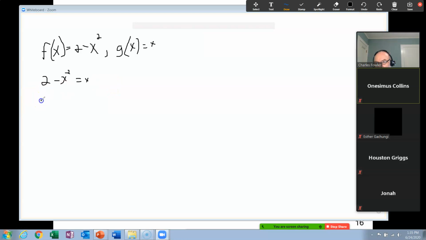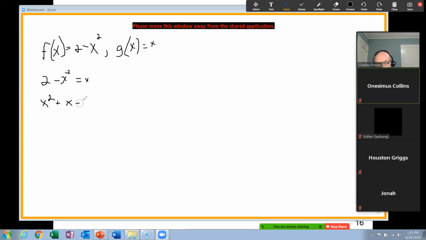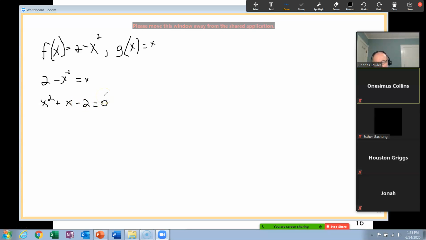So that's going to be x squared plus x, because that was already over there, minus 2, equal to 0. I moved all those from what was my left-hand side to the right, then flipped sides, so the left-hand side is now 0, if that made any sense.